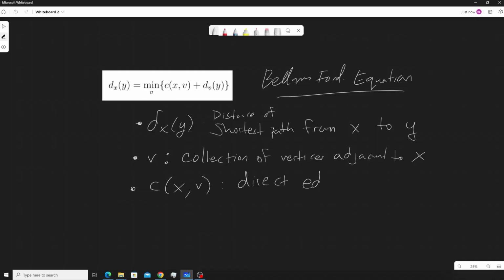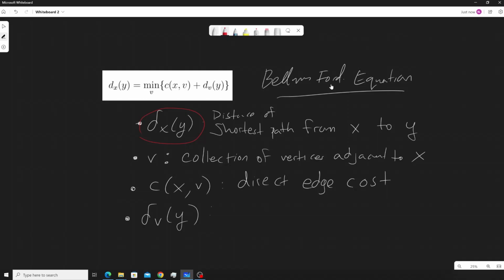And then we have dvy. And this one looks very familiar because we just saw it over here. If this dxy is the distance of the shortest path from x to y, then dvy is the distance of the shortest path from v to y. It's a sort of recursive definition.